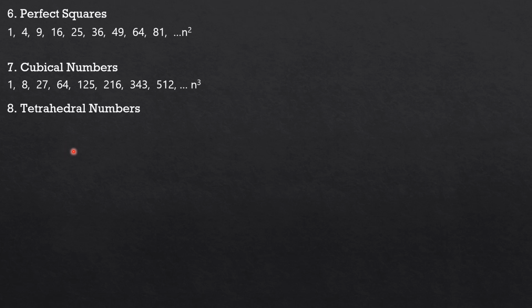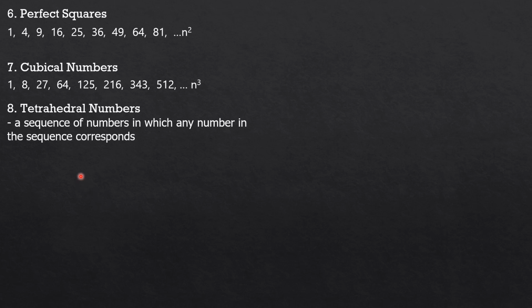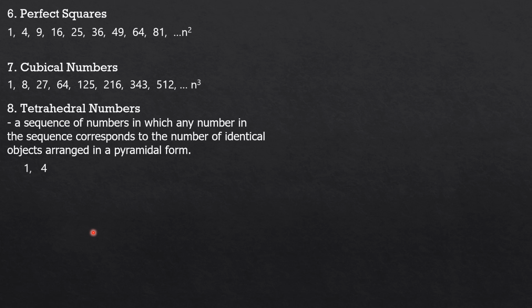Then the 3 objects are placed over 6 objects, triangular form, which are the number of objects in a layer are triangular numbers also. So let me illustrate it here so that you can have an idea about tetrahedral numbers. So 1, 4, 10, 20, 35, 56, and so on and so forth.